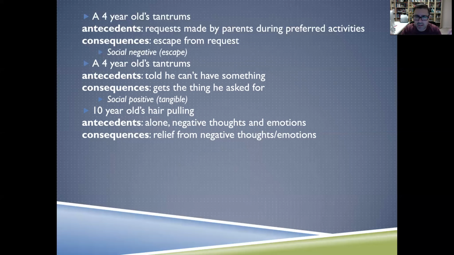Probably not, right? You probably cannot make the relief of the negative thoughts and emotions go away in this example. But if extinction could theoretically be implemented here, it would be that pulling hair would not produce anything. It would not change how the person is feeling.